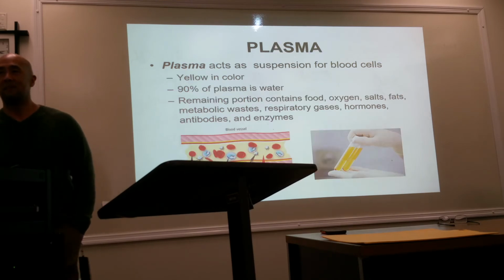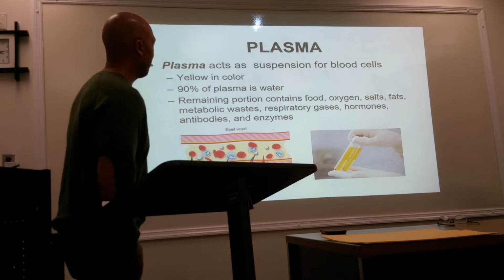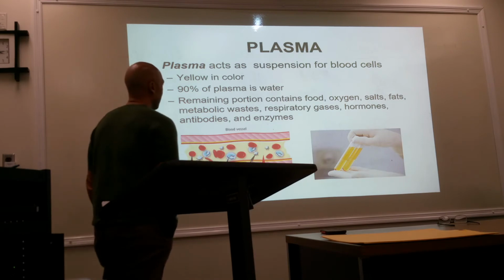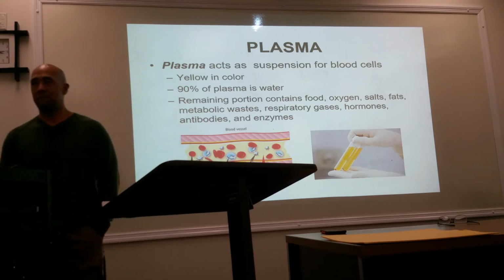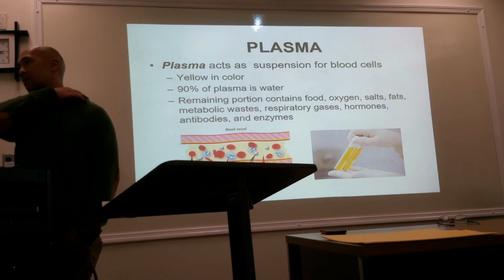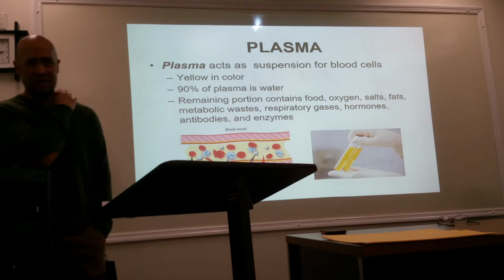Plasma acts as a suspension for blood cells. It is yellow in color. 90% of plasma is water. The remaining 10% contains food, oxygen, salts, fats, metabolic waste, respiratory gases, hormones, antibodies, and enzymes.